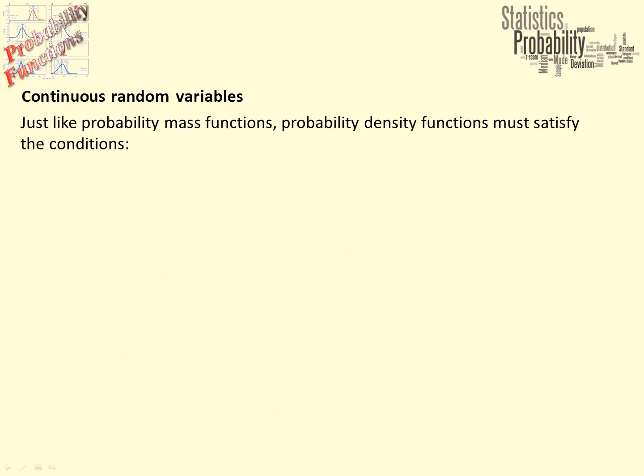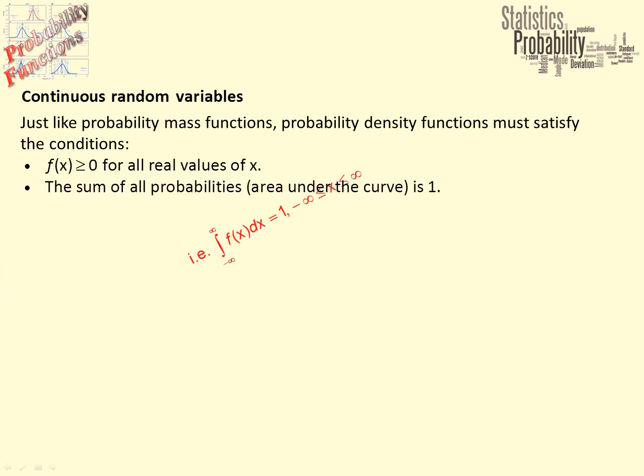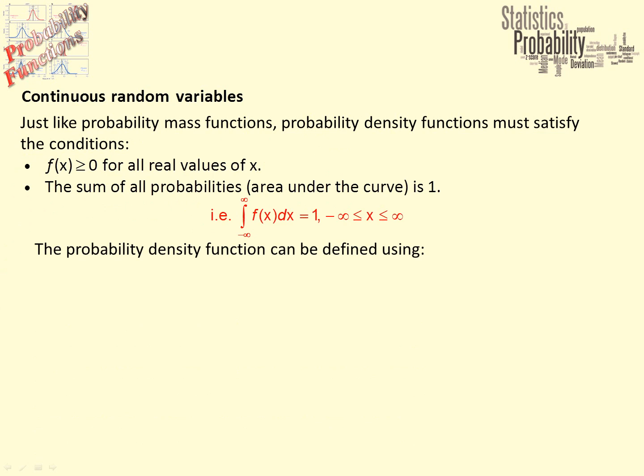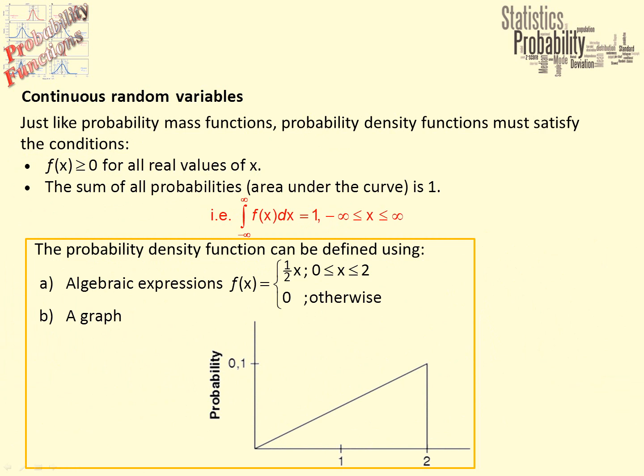As with probability mass functions, probability density functions must satisfy conditions: non-negative, and all add up to 1. And it can also be defined using algebraic expressions or a graph. We can't use a mapping because we have to show an infinite number.